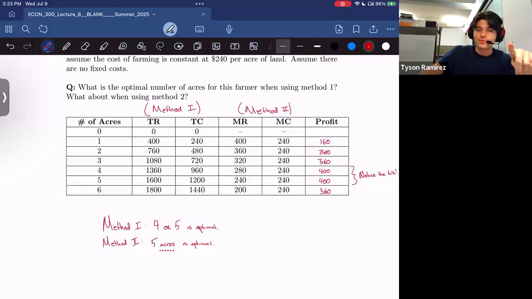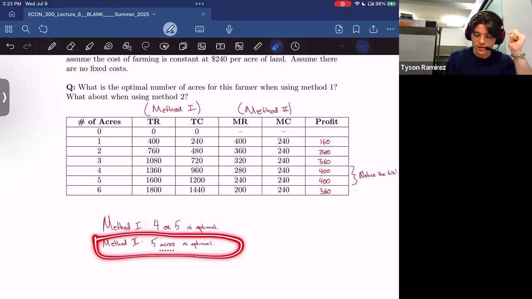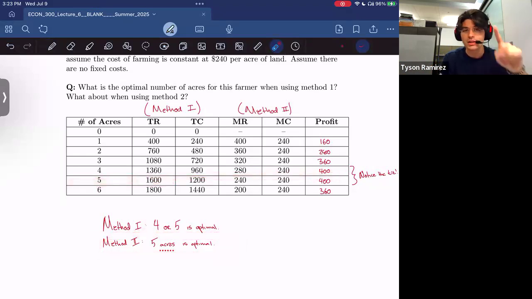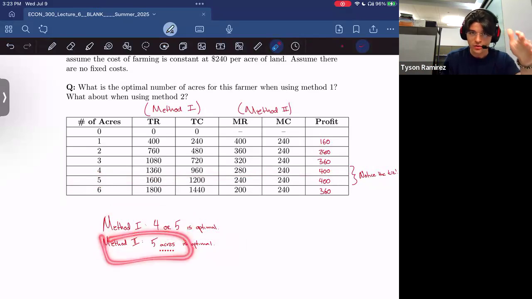But generally, one reason that I think is very intuitive, why do we like this? Well, method two told us to go with the higher one, right? And when I say higher, I mean that this is using more units of land. We use more acreage than method one says 4 or 5 is. Meanwhile, method two says, oh, 5 is your number.